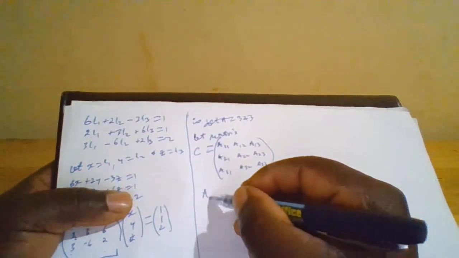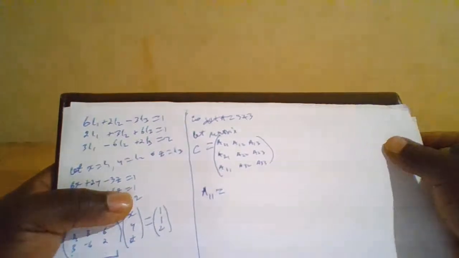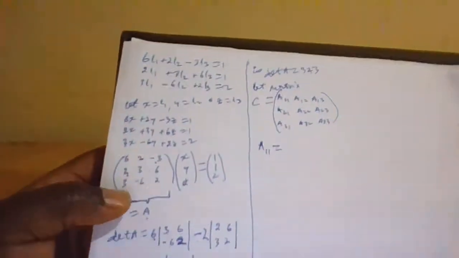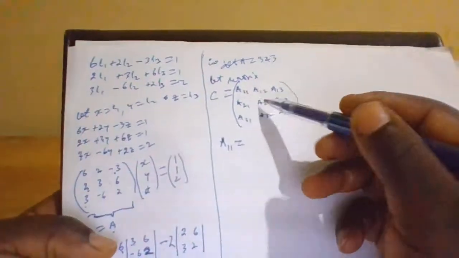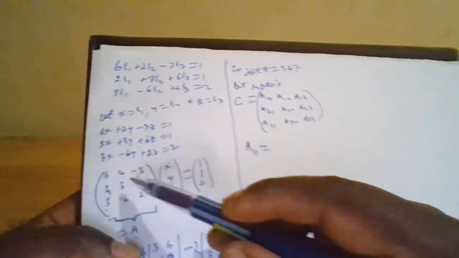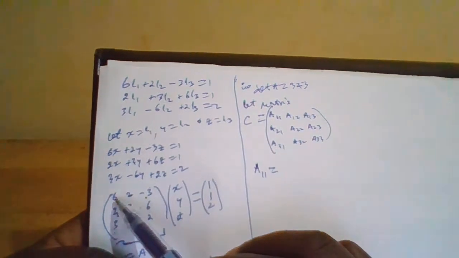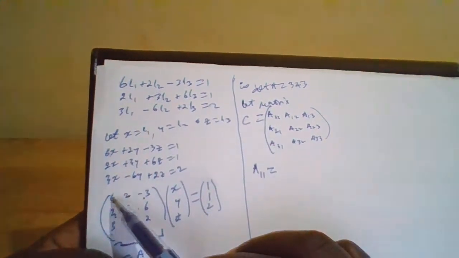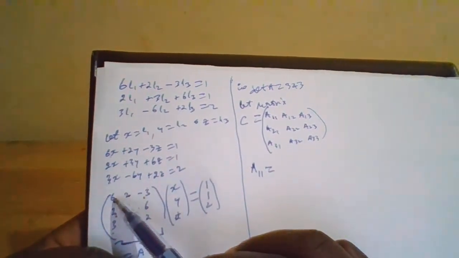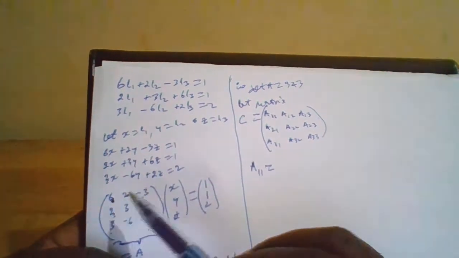Now A11 will be equal to... For us to get this matrix of cofactors, we shall use this matrix. We need to determine the minor of element 6 plus its place sign.